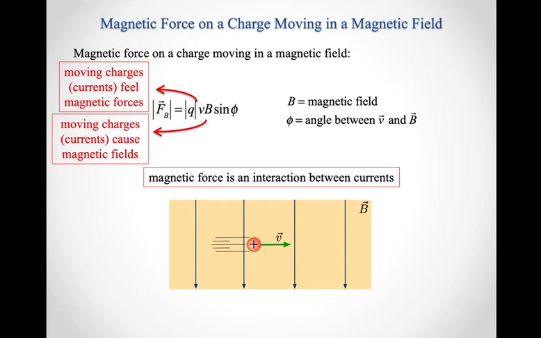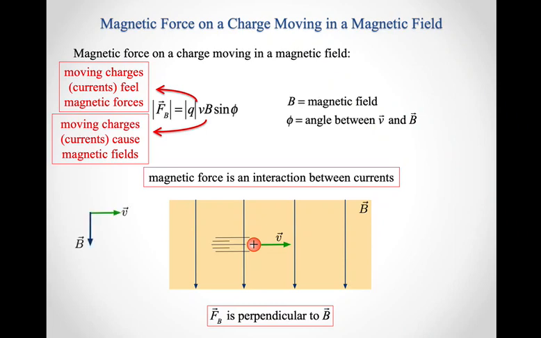What if I want to think about the direction of that force? Well, again, part of what this sine term is hinting at is that the magnetic force is perpendicular to the magnetic field. So just like with our current carrying wire, I have two vectors that are going to define a plane.